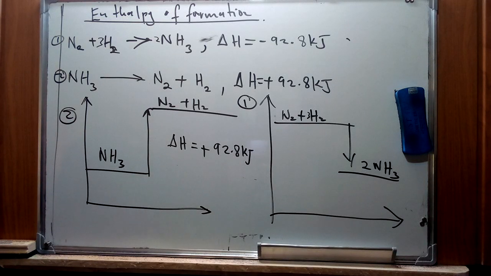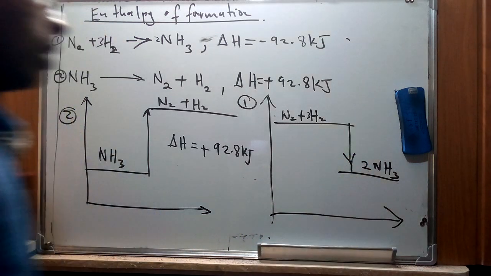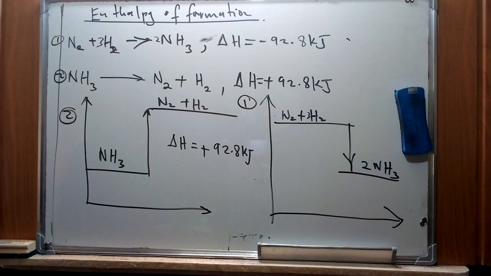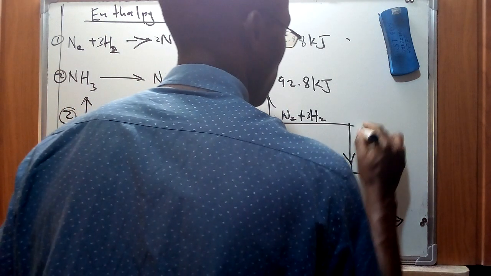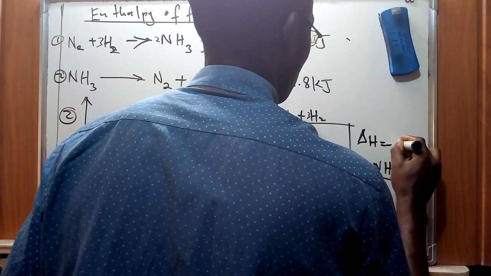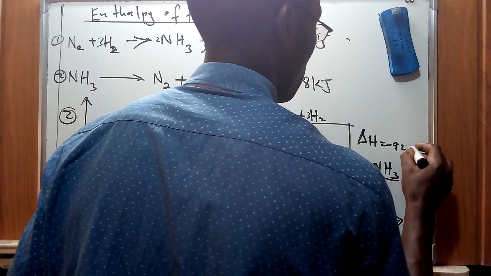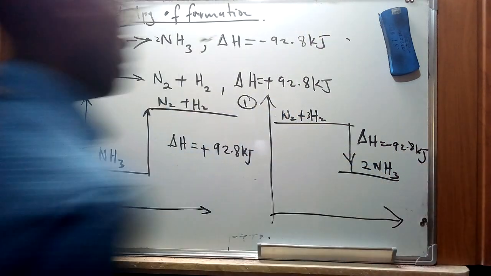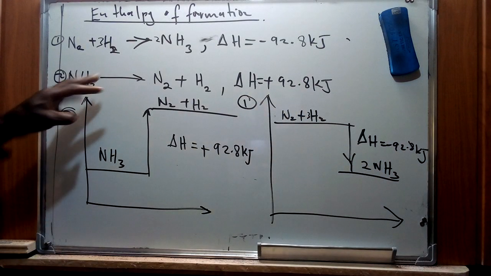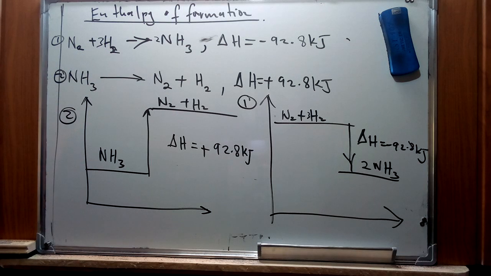So, we are always encouraged to mention their phase or state, whether it's a liquid, gas, etc. So in that case, the net change in heat is going to be negative 92.8 kilojoules. So from thermochemistry, the effect of reversing those equations is going to have that change illustrated as such.